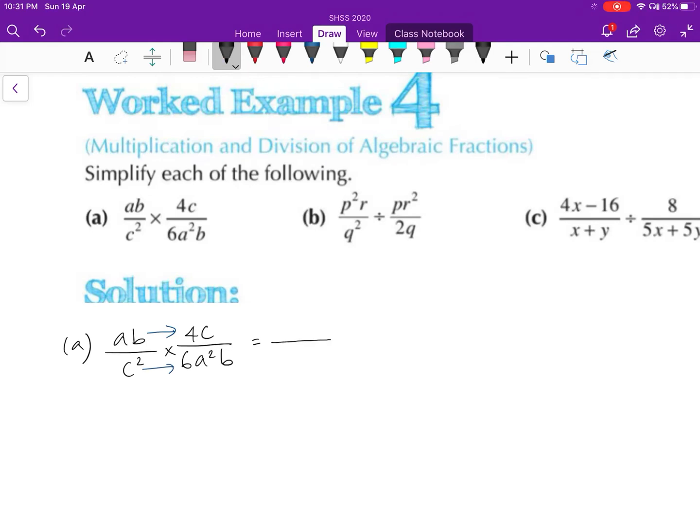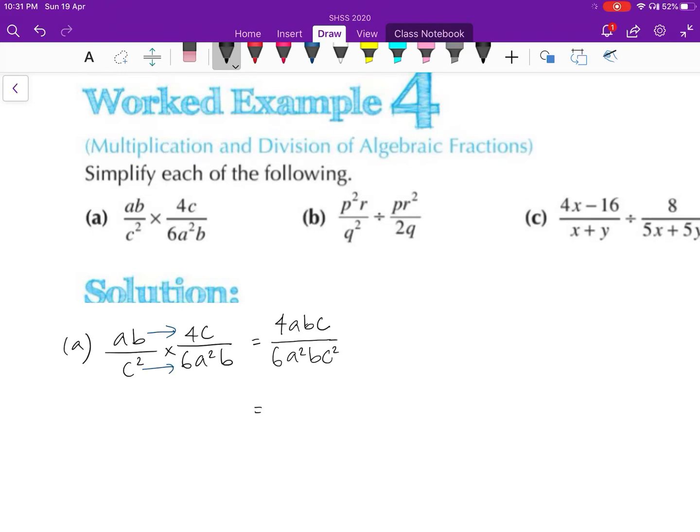The top gives me 4ABC, and the bottom gives me 6A squared BC squared.